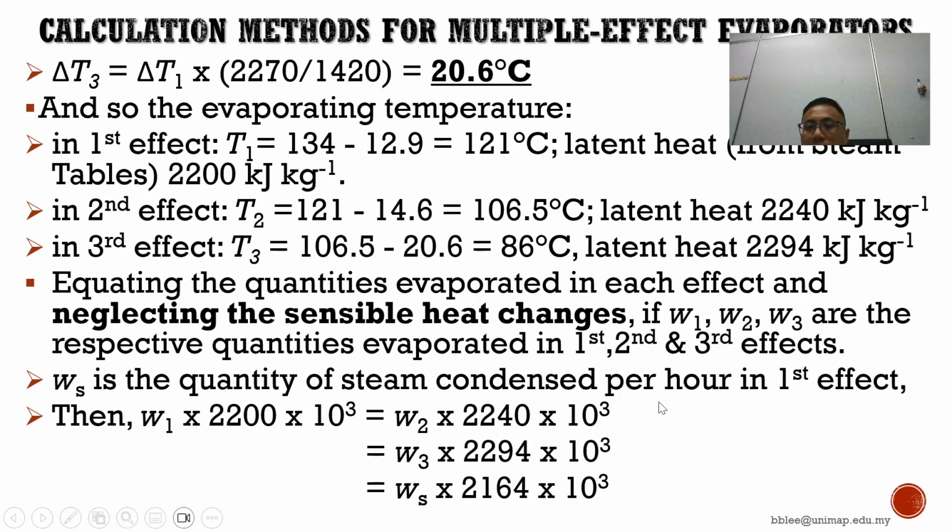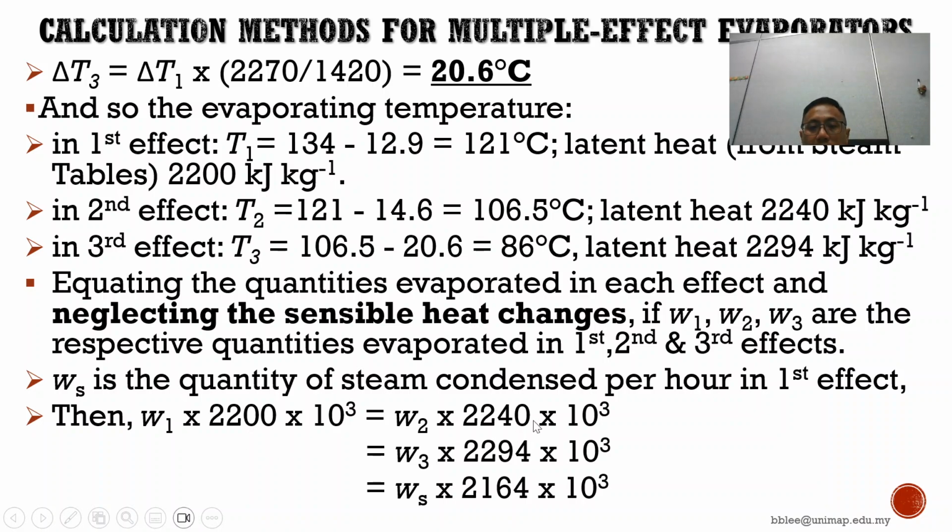So V is the quantity of steam condensed per hour in the first effect, times the enthalpy. The mass times the enthalpy is the energy in the first effect.